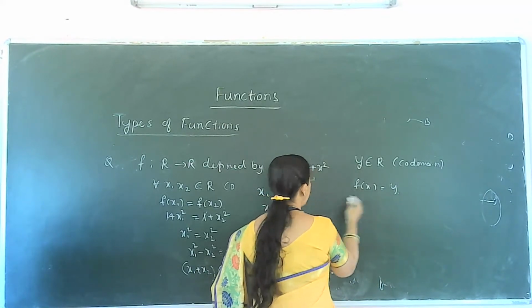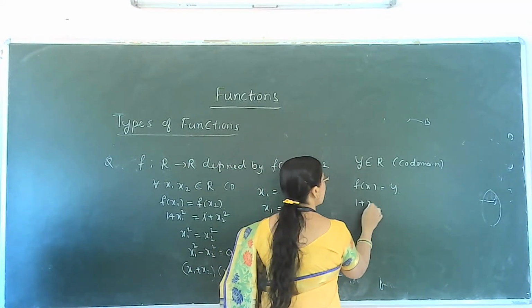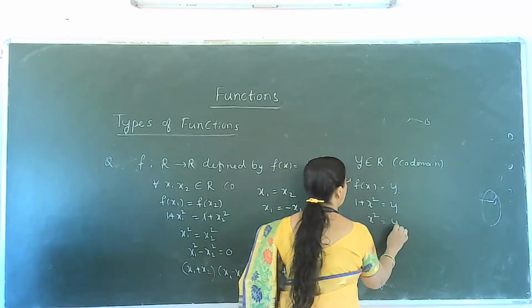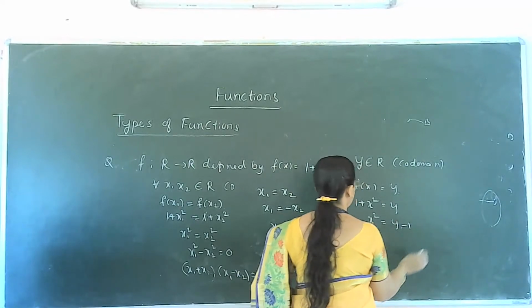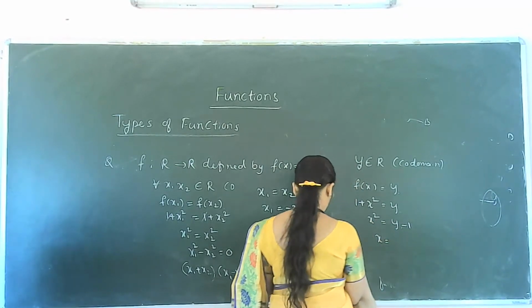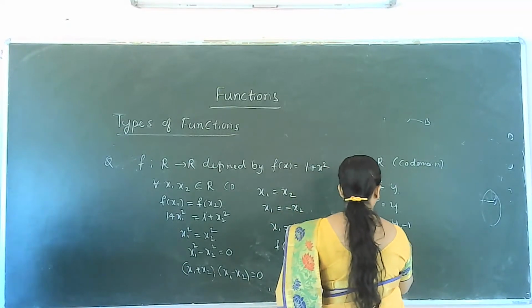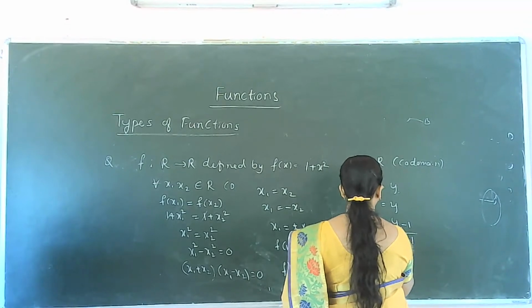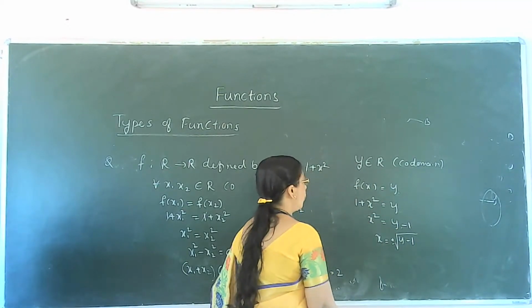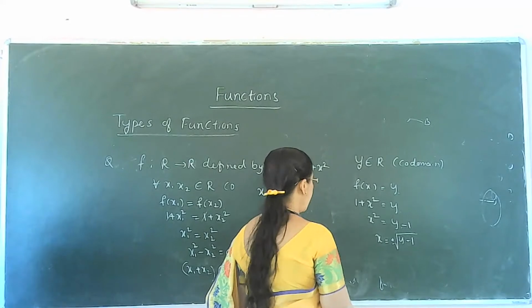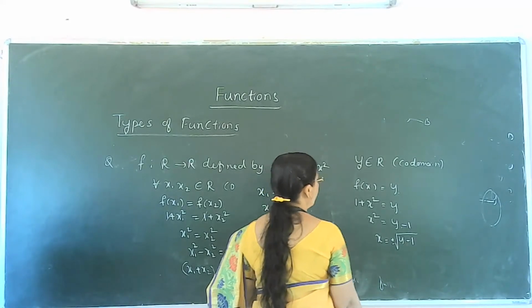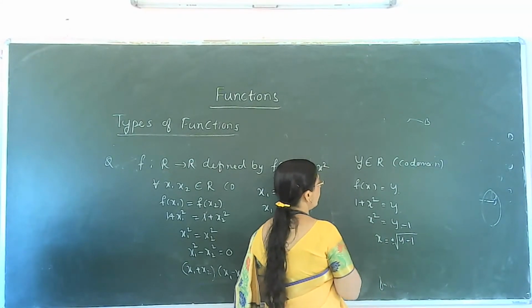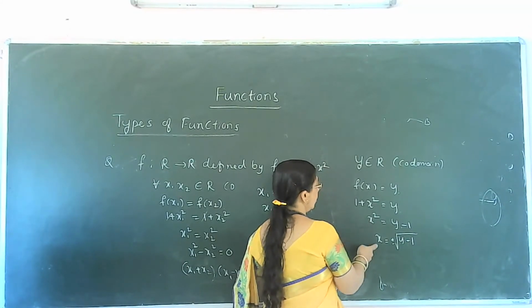Here, f of x equal to y. f of x equal to 1 plus x square is equal to y. x square is equal to y minus 1. x equal to square root of y minus 1.